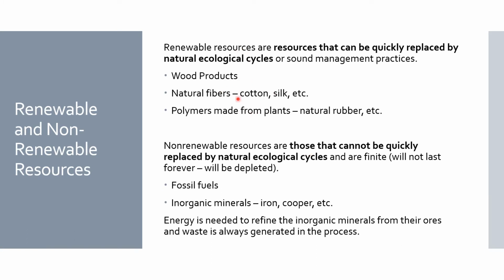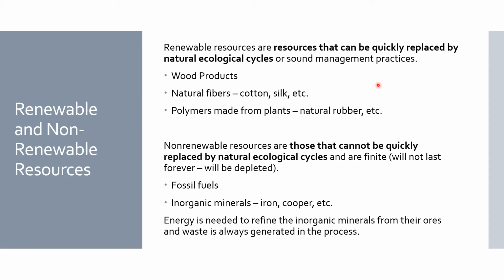When you think about industrial materials, you have to know 2 types of resources that we get these materials from. One of them is renewable resources. Renewable resources can be quickly replaced by natural ecological cycles, by using sound management practices.